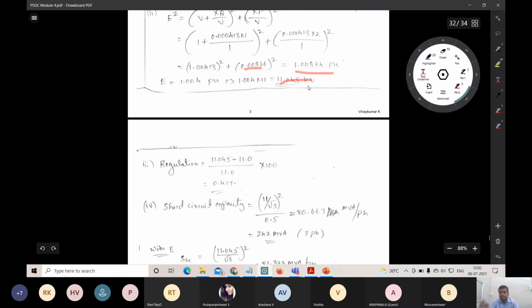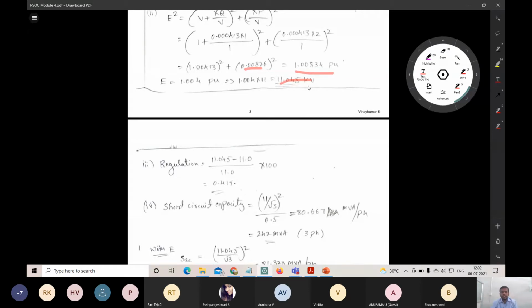Right? And next thing is we have to calculate the regulation. So what is meant by regulation? Change in voltage from no load to full load, or change in voltage from receiving end to sending end voltage. That will give you the regulation concept. Not only in a power system network, you can take it in machines or transformers, anywhere.